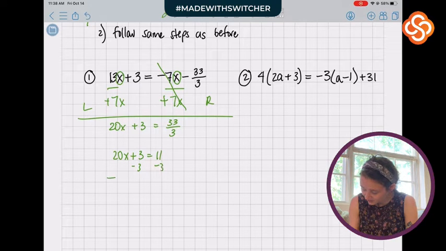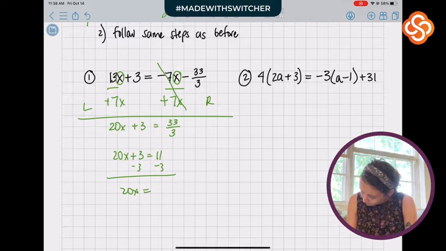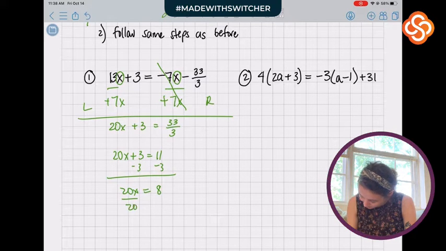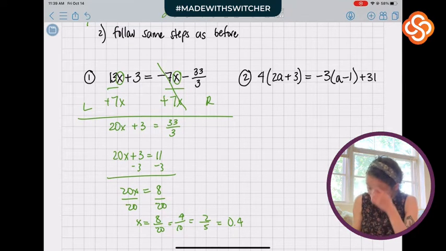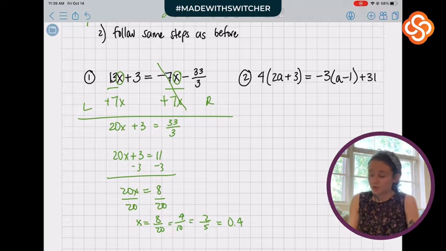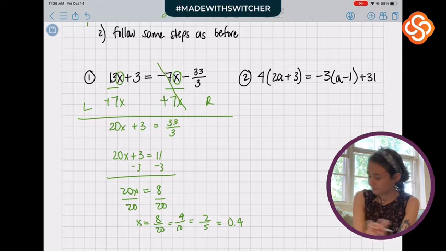Minus 3 on both sides. 20x is equal to 8. Divided by 20, x is equal to 8 over 20, which is equal to 4 over 10, which is equal to 2 over 5, which is equal to 0.4. Cool. Let's go ahead and try the next one.